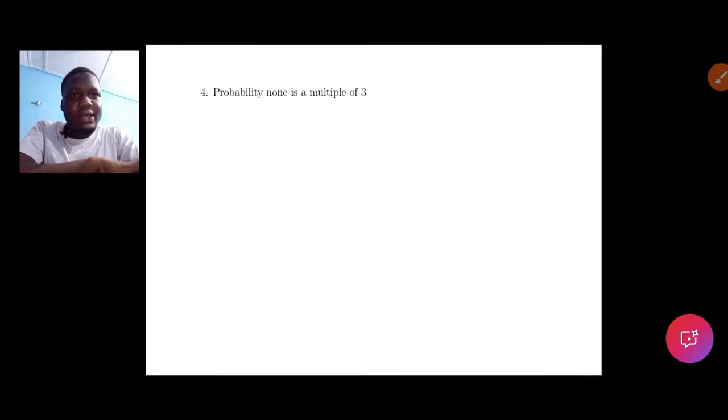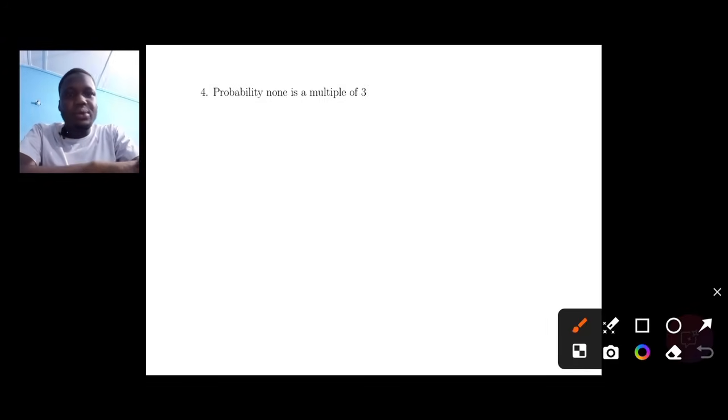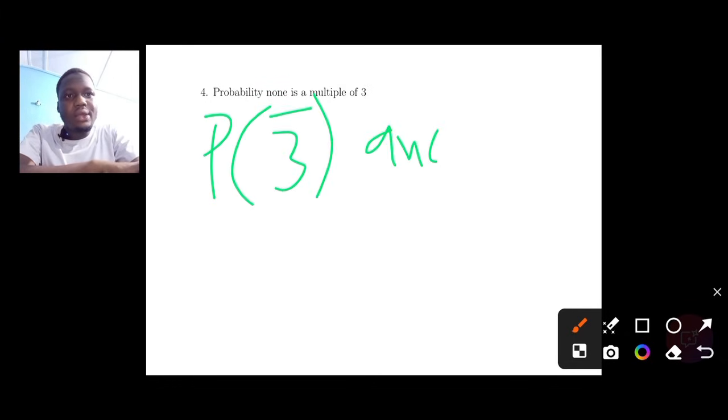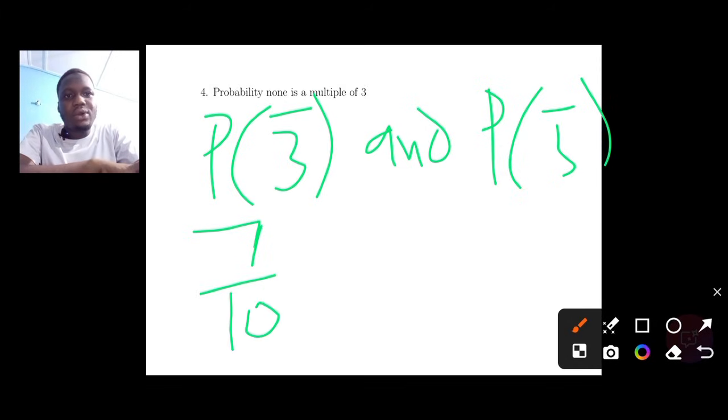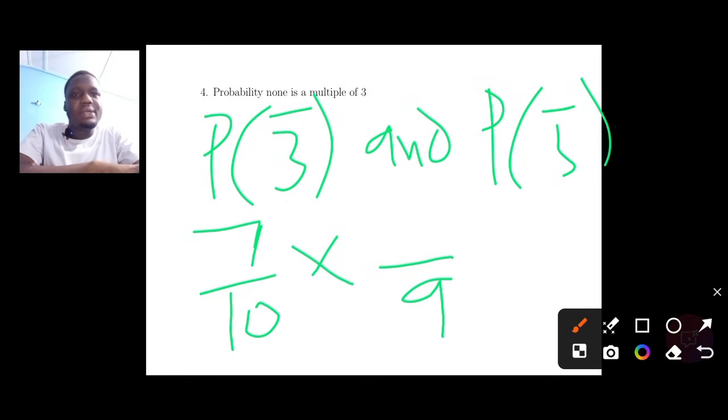This is the fourth question that we have. Probability that none is a multiple of 3. So the first one is not a multiple of 3, and the second one is also not a multiple of 3. So what is the probability that the first one is not a multiple of 3? 7/10. So because we are multiplying, we need to reduce the sample space.